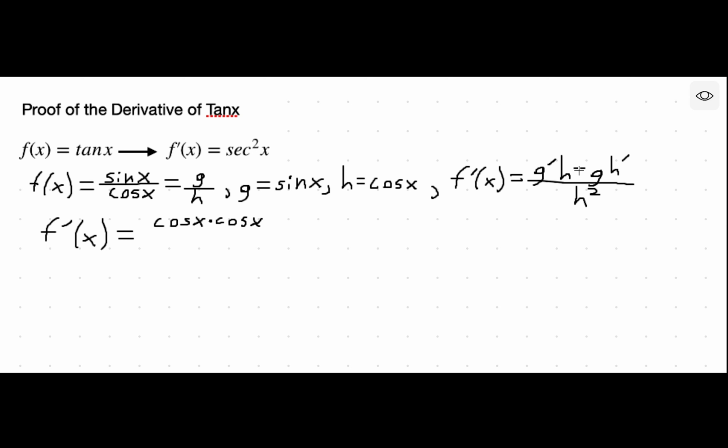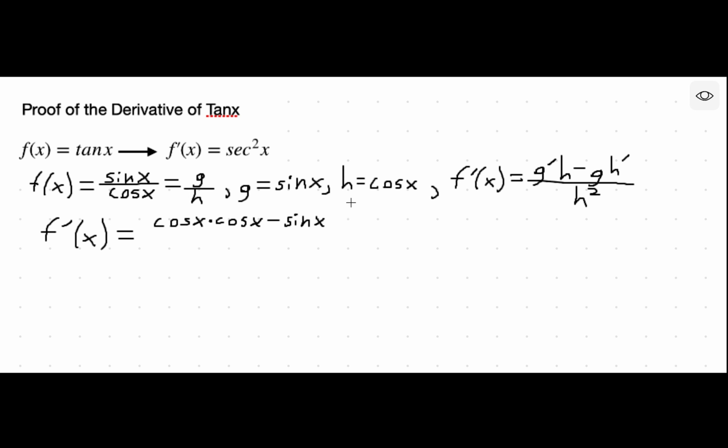And now we're subtracting g times h prime. So we're going to subtract sine of x times the derivative of h, which is h prime. So we need to find the derivative of h, which is cosine of x. So the derivative of cosine of x is just going to be negative sine x.